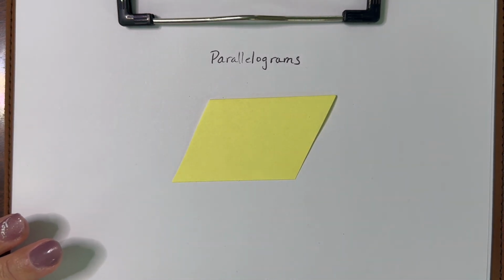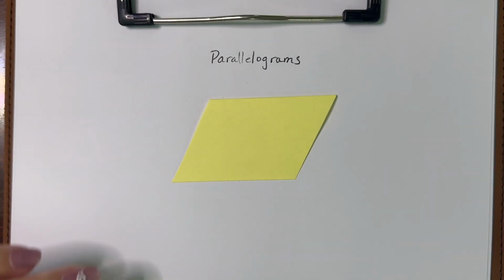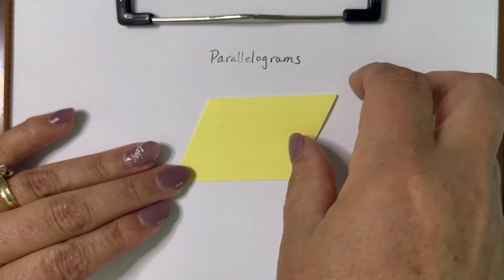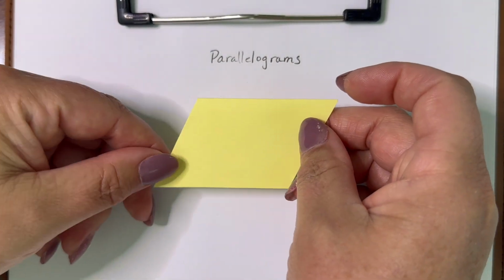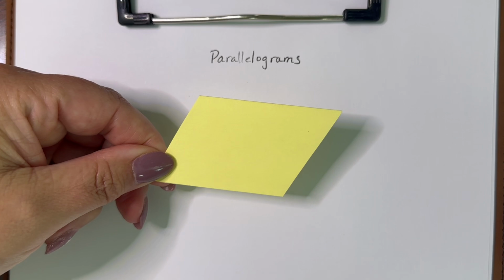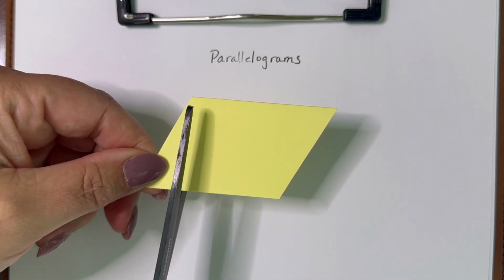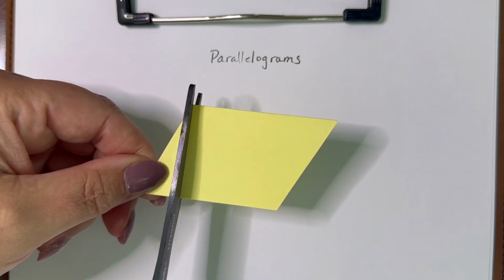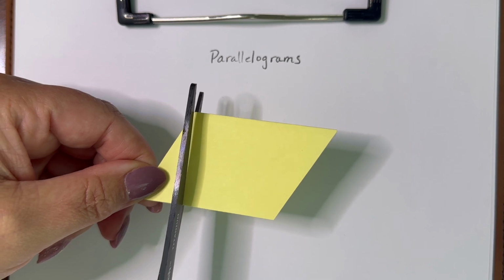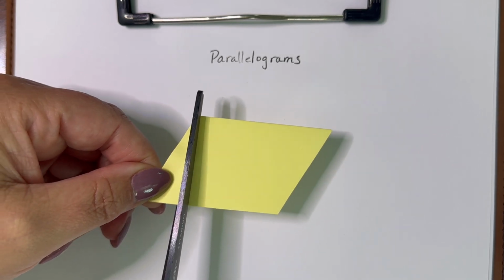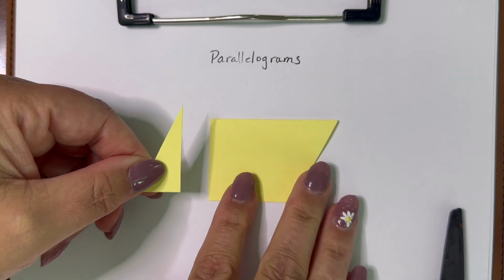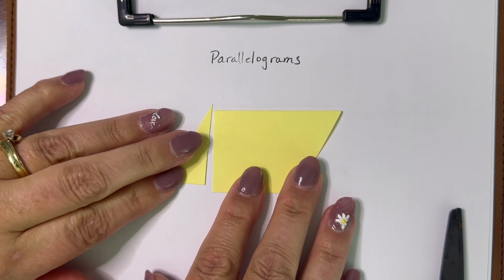I say that's really important because I'm going to show you where the formula comes from and why it works, and then I'm going to show you the formulas. So if I take this parallelogram, I'm going to do the best I can to make a straight up and down 90-degree cut to make this parallelogram.